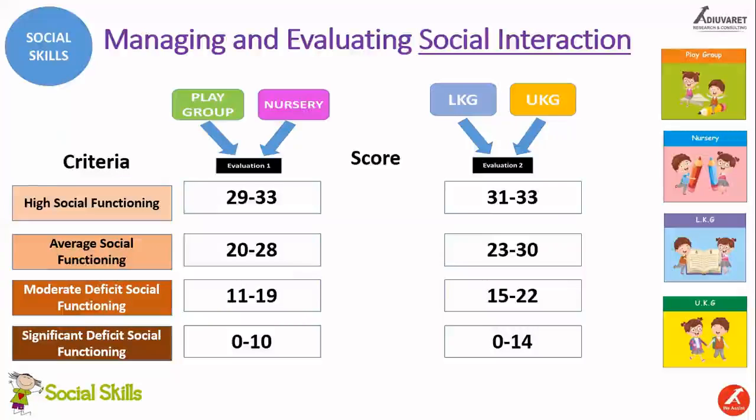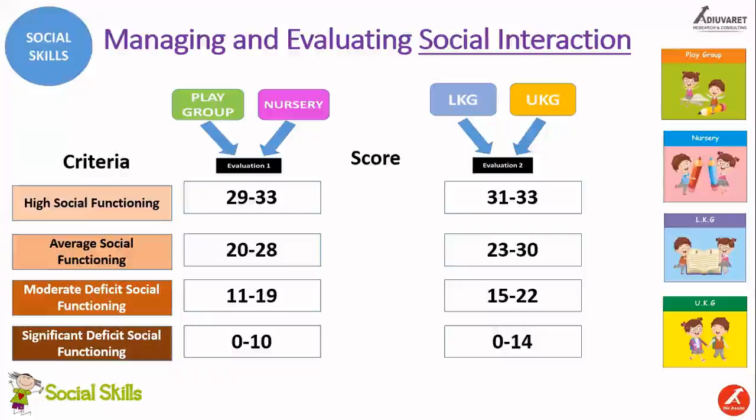The important thing here is, even if our child is not coming under that first category of high social functioning and is falling in another category, the good news is that in this age of 2 to 6 years, which is the highly sensitive period, we can in fact build up those skills.